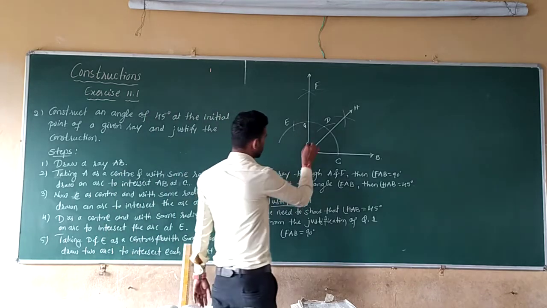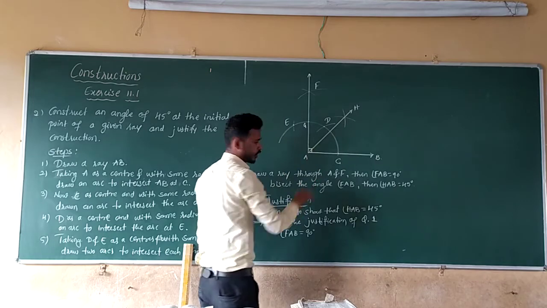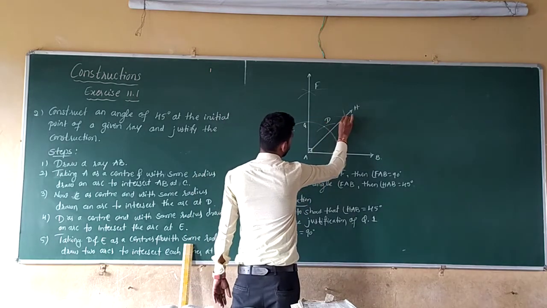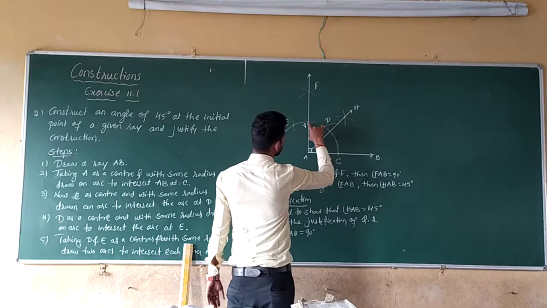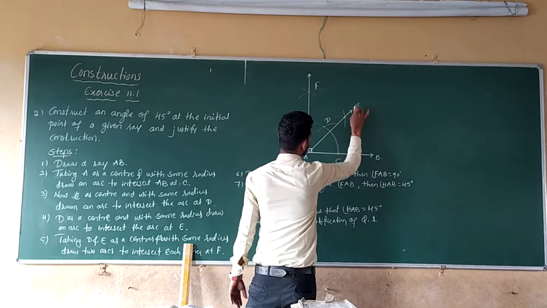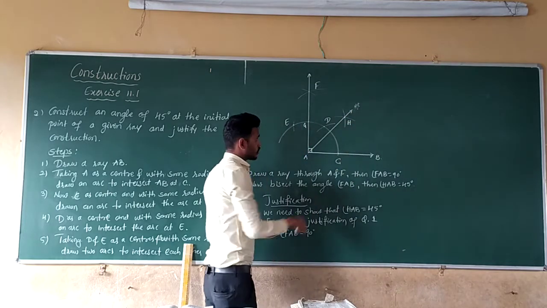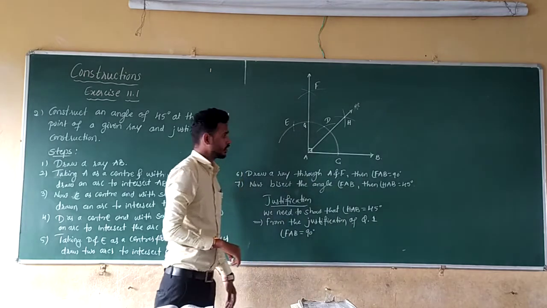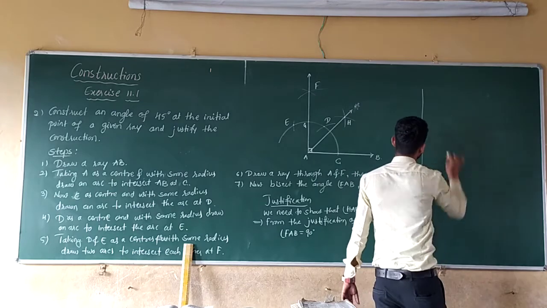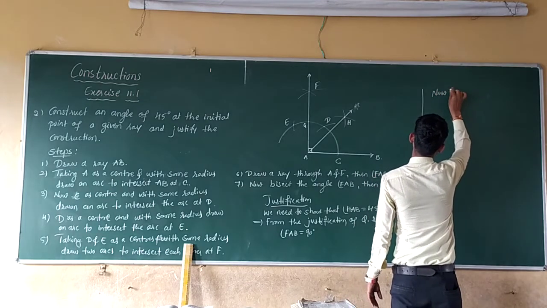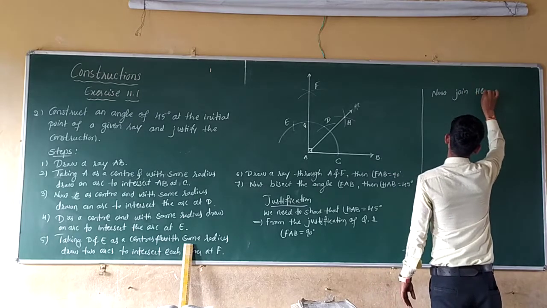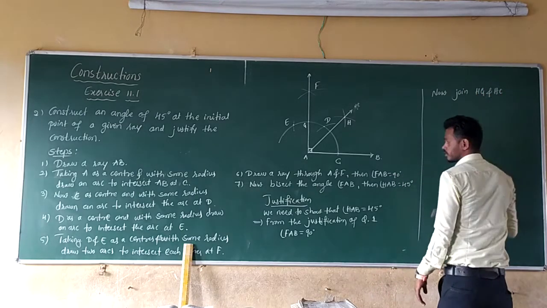Next, for showing this as 45 degrees, join HG and HC. This is the point H. Now join HG and HC.